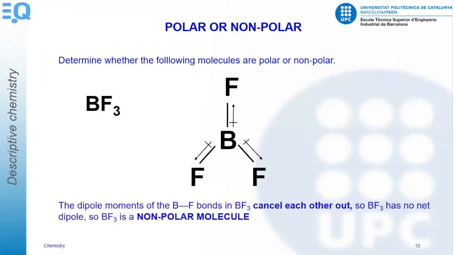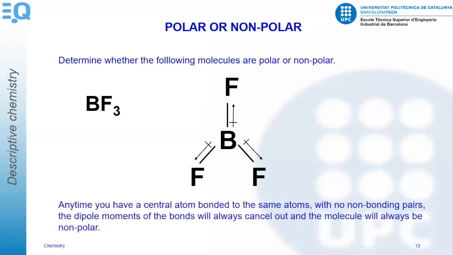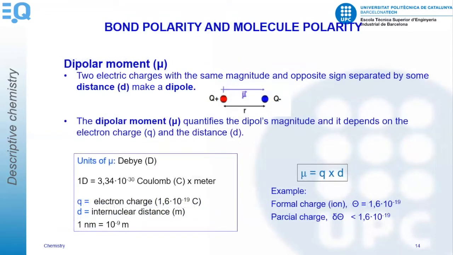So BF3 has no net dipole. Therefore, it's a non-polar molecule. Anytime we have a central atom bonded to the same number of atoms, with all of them bonding, so there are no non-bonding pairs, the dipole moments will always cancel out and the molecule will always be non-polar.